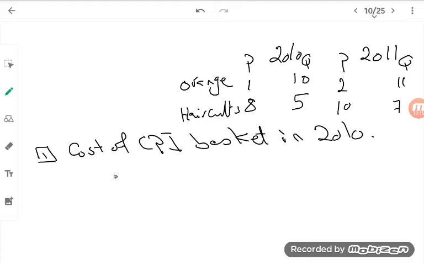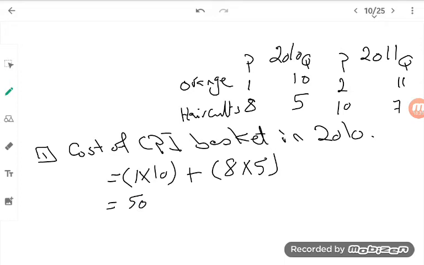Cost of CPI basket will be calculated as 1 multiplied by 10 plus 8 multiplied by 5, which is 50. Okay, so it's calculated as price multiplied by quantity and then the summation.